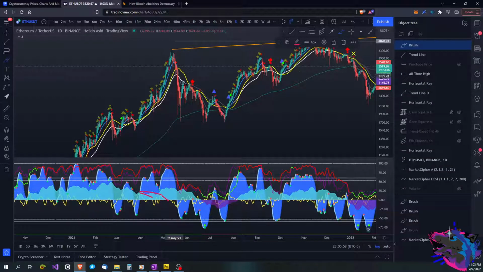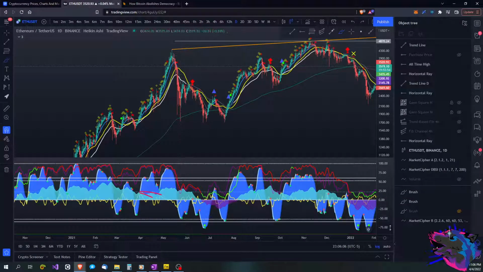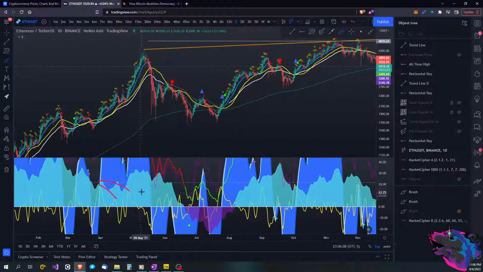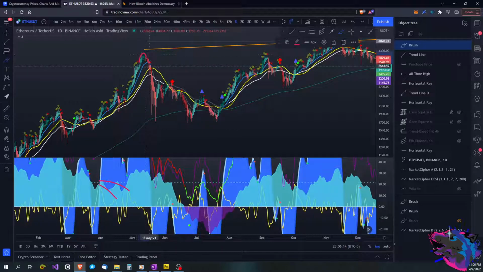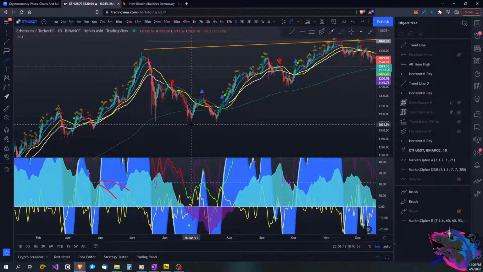If you went out when we crossed zero, it would have got you to there. And even though VWAP was still heading down, we did have that little bump to the upside, which basically got us that last little bit to the peak.